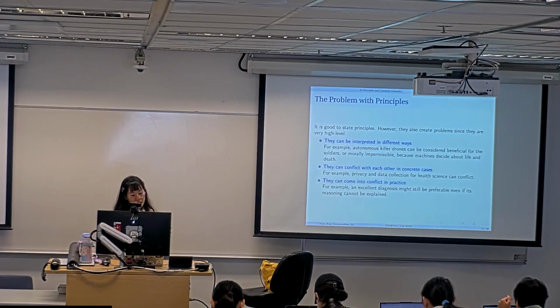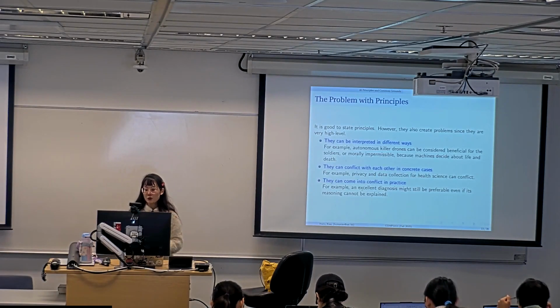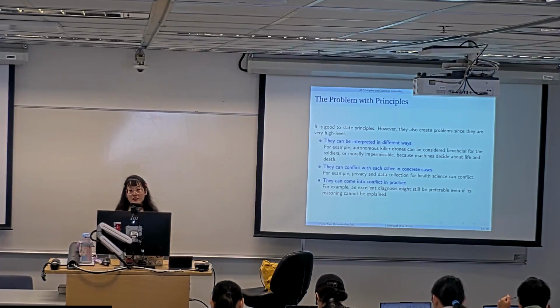For example, an excellent diagnosis might still be preferable even if its reasoning cannot be explained. If such a diagnosis uses deep learning models, they still remain black box models. They will make very crucial decisions, for example, diagnosing patients. The reason for the decision cannot be explained.